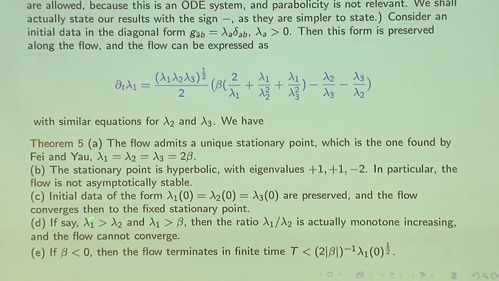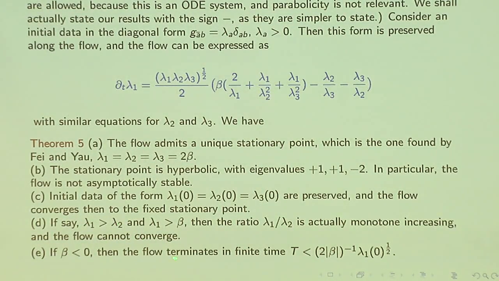Now, otherwise, it will diverge most of the time, because suppose that lambda, the higher eigenvalue, is bigger than beta. So that means that if you are close to the stationary point, this will surely happen, right? And then if that happens and you have things that are not diagonal, then actually this ratio is monotone increasing. So that will tell you that you are actually being taken away from the critical point.